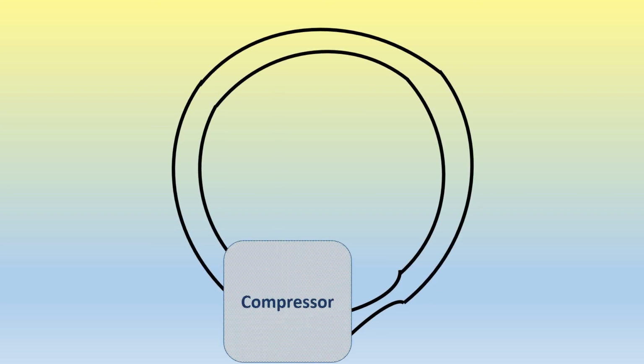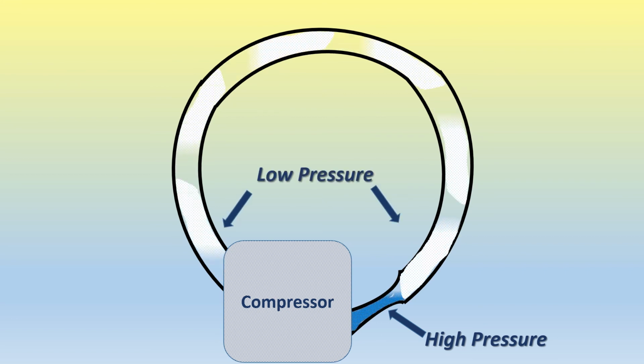So let's suppose I build a system around a compressor attached to a thin pipe that expands to a thicker pipe. I then start circulating gas through the system, where the thin pipe produces a high pressure and the thicker pipe produces a low pressure.